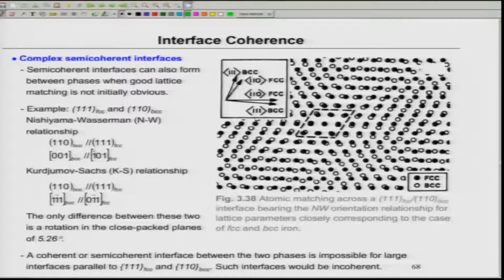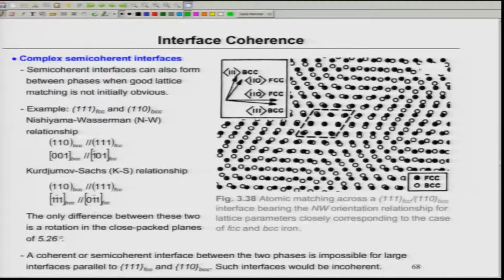Here actually 1 bar 1 in the BCC is parallel to 0 1 bar 1 in FCC. The only difference between these two is a rotation. Okay, you try to understand this aspect very clearly. The difference between both the cases is basically that the closest packed planes are varied by about 5.26 degrees.